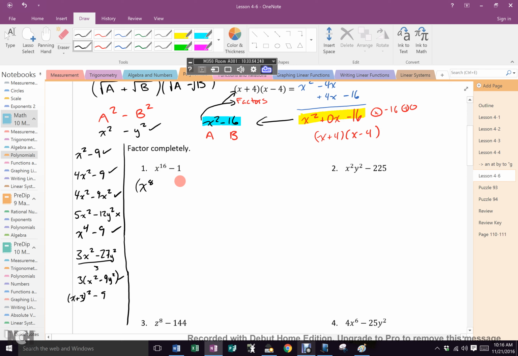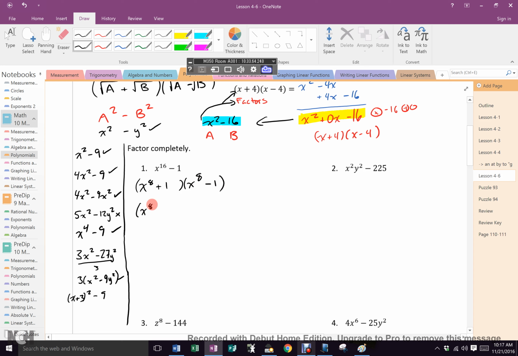Because x to the 8 times x to the 8 will get me x to the 16. Is everybody okay with that? Does 1 have a square root? What is it? 1 plus 1 minus 1. Am I done? No, I'm not done because this is a square, isn't it?